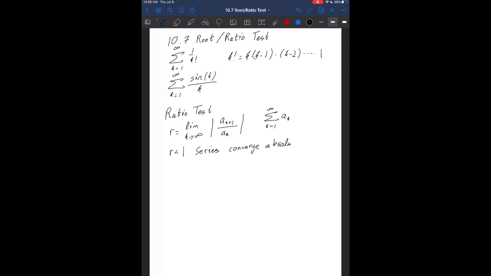So for r less than 1, the series is going to converge, and even more powerfully, it's going to converge absolutely. For r greater than 1, the series will diverge. And for r equals 1, we have no information.